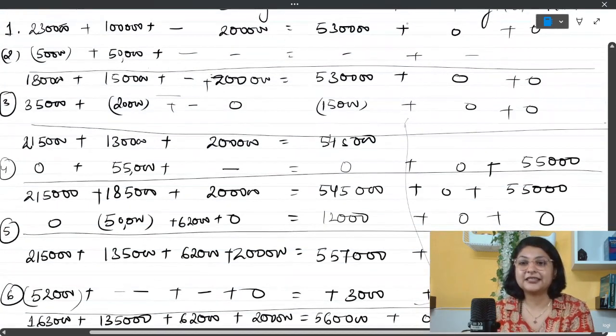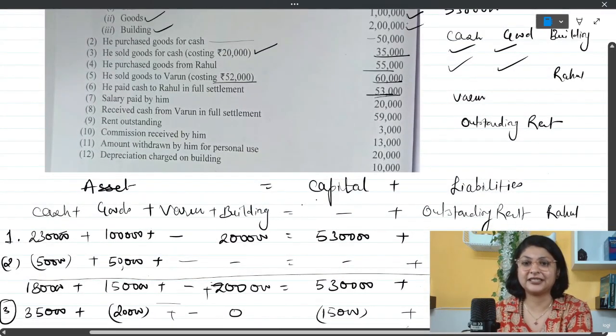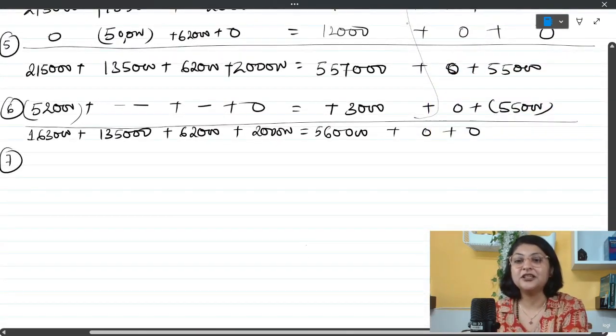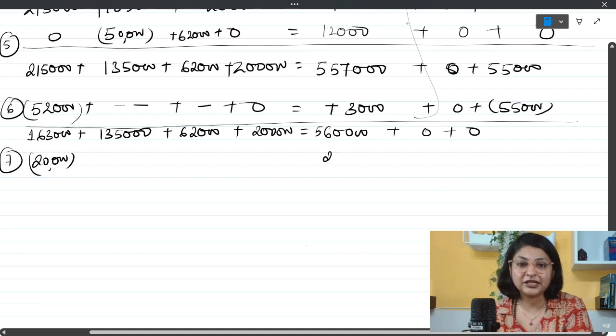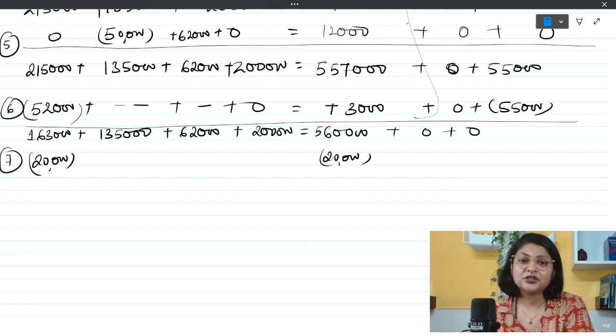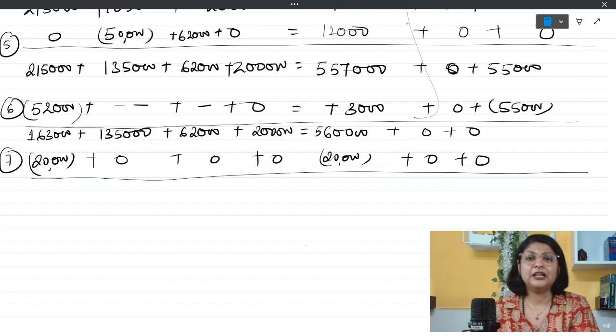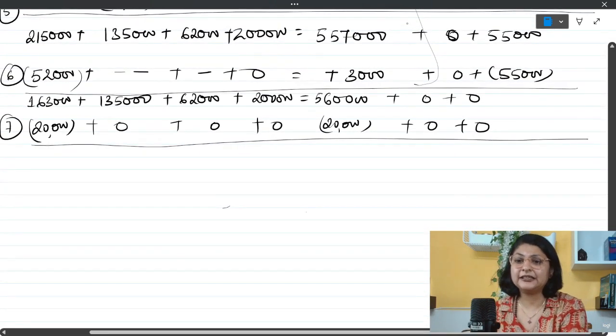Now let's see the seventh transaction. Seventh transaction is saying salary paid by him. So salary paid by him is 20,000. So I will deduct salary from cash and I will also deduct salary from capital. Whenever we have salary or any other kind of expense, we do not make any separate column for it. It has to be dealt at two places, cash and capital.